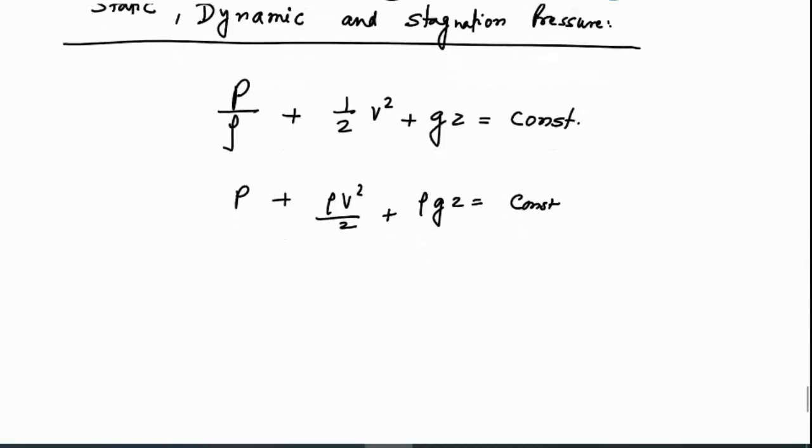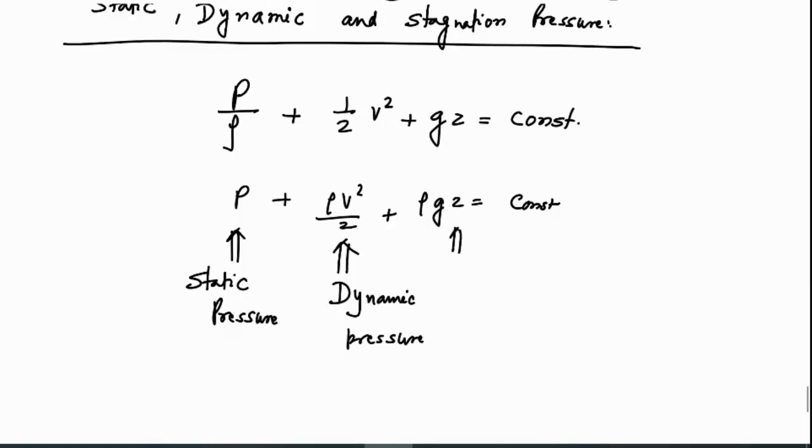Now, this pressure P is called the static pressure. This rho V square by 2 term is the dynamic pressure. And this rho g z depends upon the reference, because it depends where you are choosing your reference line. This is called the hydrostatic pressure.